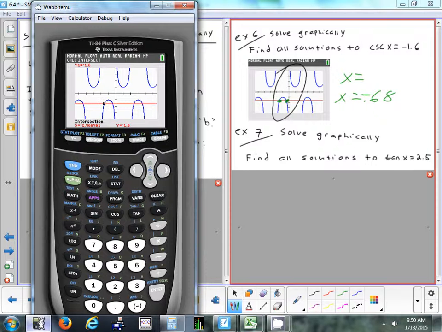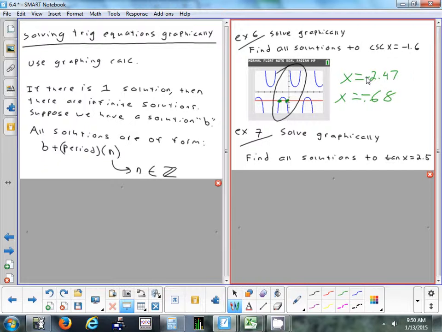It's like negative 2.47. What's the period of cosecant? Yep, 2 pi. So you could take any one of these answers and add a multiple of 2 pi.